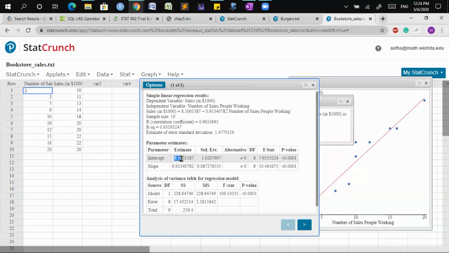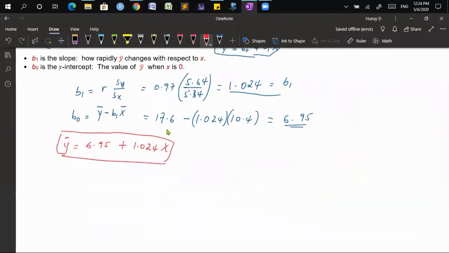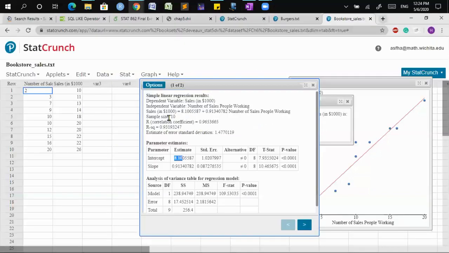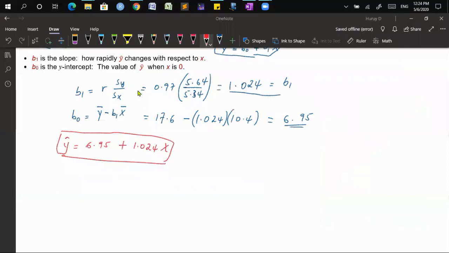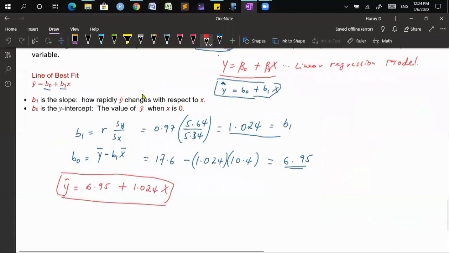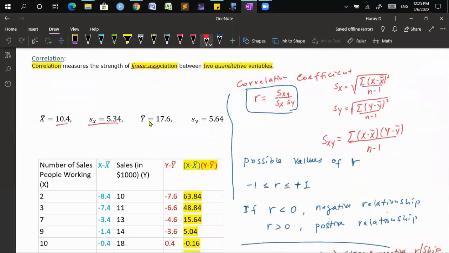This is 8.1, and I don't know if there's only rounding error or I messed up somewhere, but this is not 6.95.